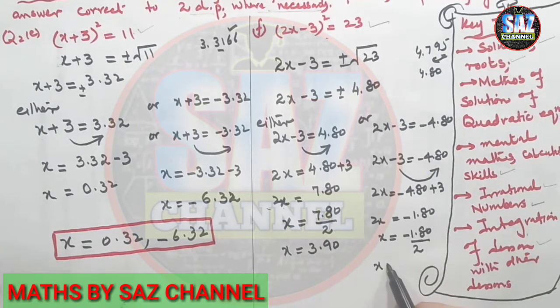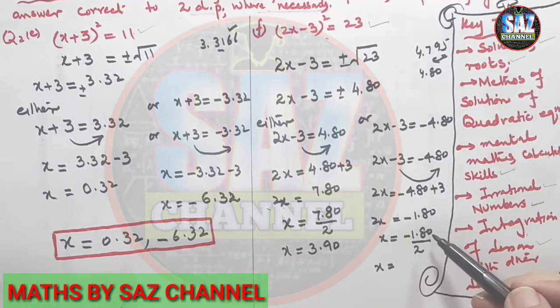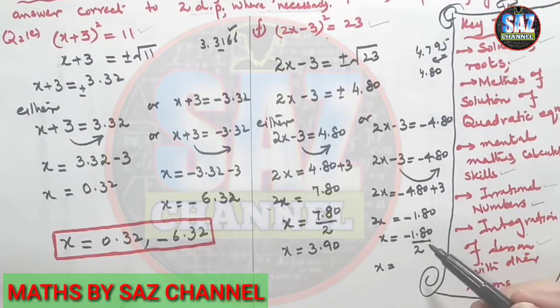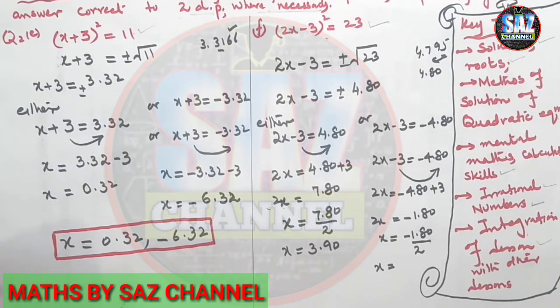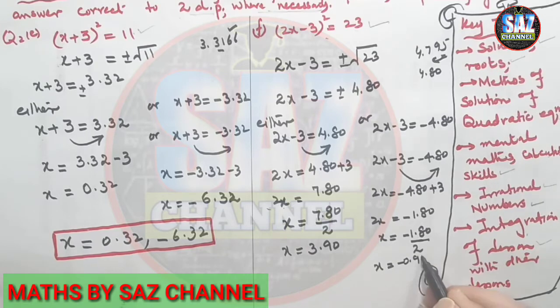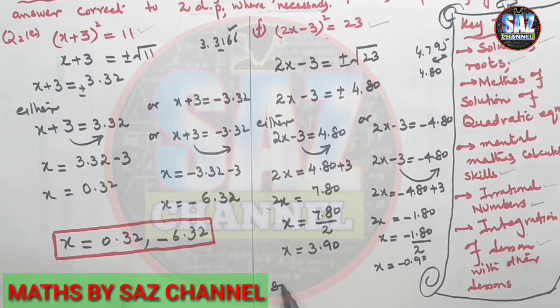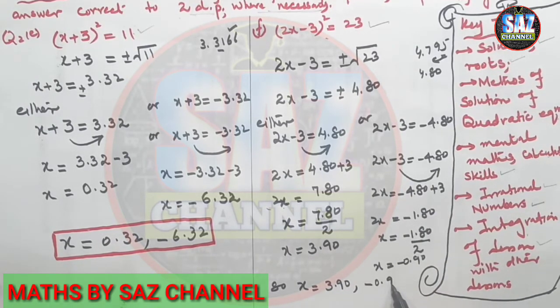If for some time we forget about the decimal, when I divide 1.80 by 2 this is 0.9, so minus 0.90. So the two solutions, or two roots, of this equation are x equals 3.90 or minus 0.90.